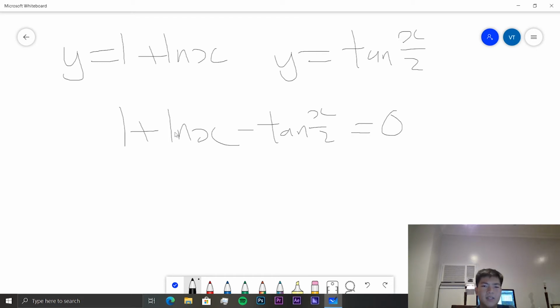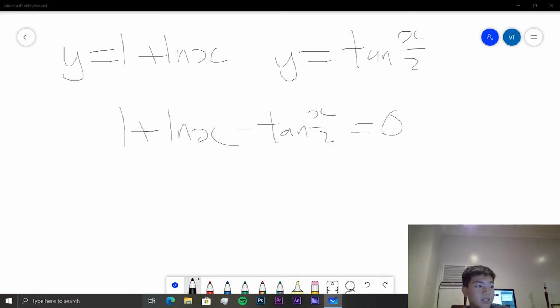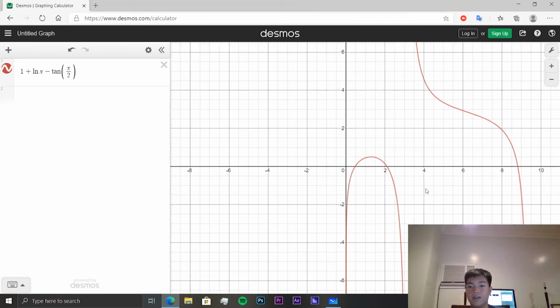And we need to find where this equals 0. I can't think of any obvious points, so we're going to have to Desmos this. So we have 1 plus ln x minus tangent of x over 2 is equal to 0. As you can see here, there are 3 roots.